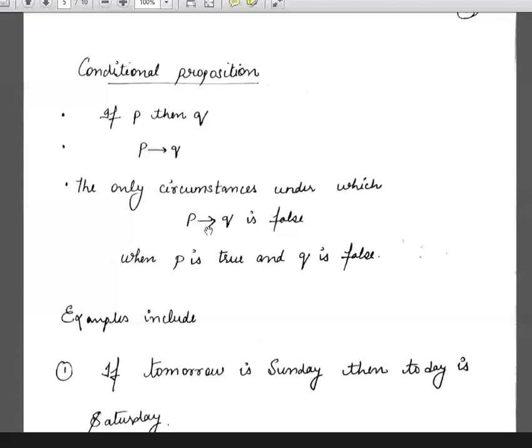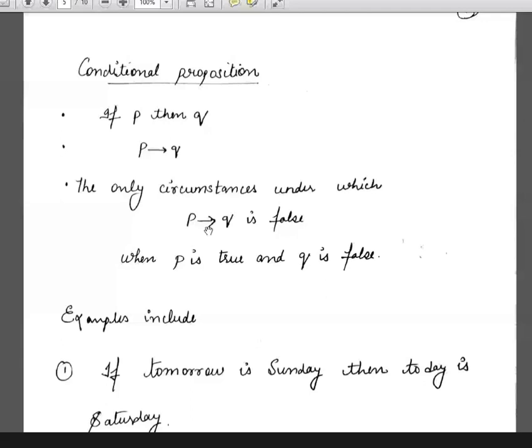Here is an example. If tomorrow is Sunday, then today is Saturday. It is obvious. That is P conditional Q. If definitely tomorrow is Sunday, then today is Saturday. P implies Q. Another option: if it rains, then I will carry an umbrella.